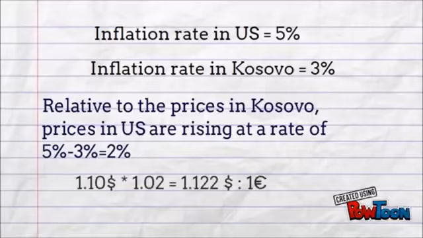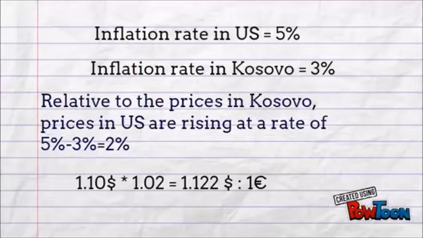So, the new exchange rate would be 1.10 US dollars times 1.02 equals 1.122 US dollars per 1 euro. Therefore, relative purchasing power parity examines the relative changes in price levels between two countries and maintains that exchange rates will change according to inflation. So, it is a better measure than absolute purchasing power parity.